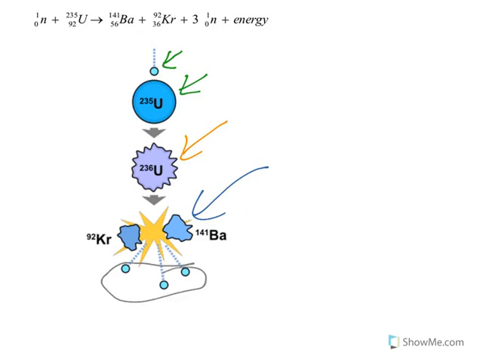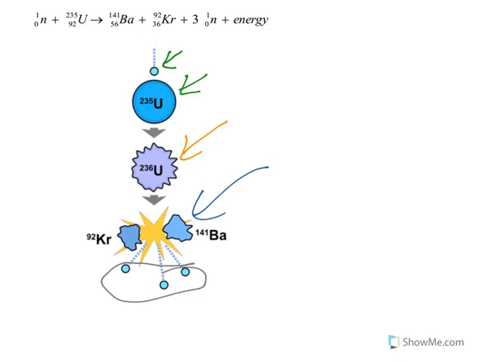In this particular one, we get krypton and barium, and 3 extra neutrons. Those neutrons could then interact, and we'll get to that.